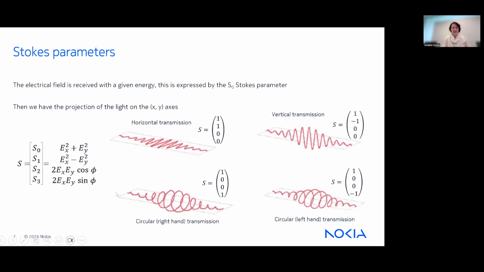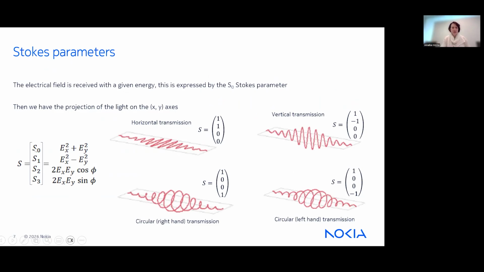And here we have an example of the representation of the Stokes parameters that give us an idea about how the electrical field propagates. This is the Stokes vector, made of the 4 Stokes parameters that was also presented in Benjamin's presentation. These 4 parameters give us an idea about how the electrical field is propagating.